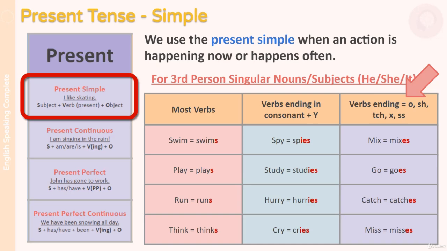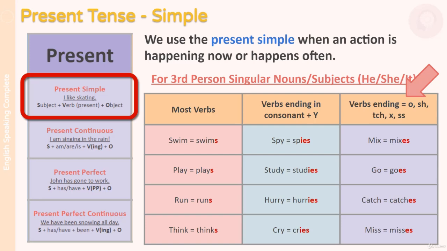Go becomes goes, catch becomes catches, miss becomes misses. So there we have some more information about verb form in present simple tense in the third person singular. So definitely worth writing some notes down on this and practicing with this rule as much as you can.